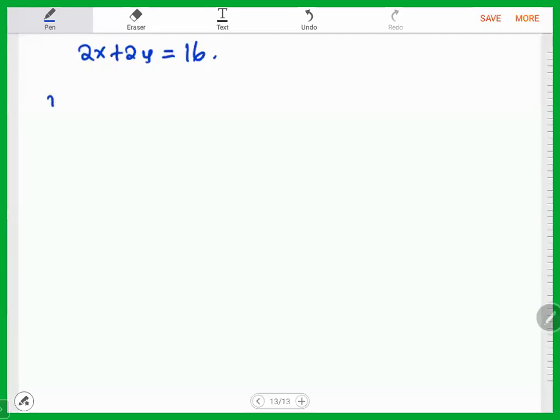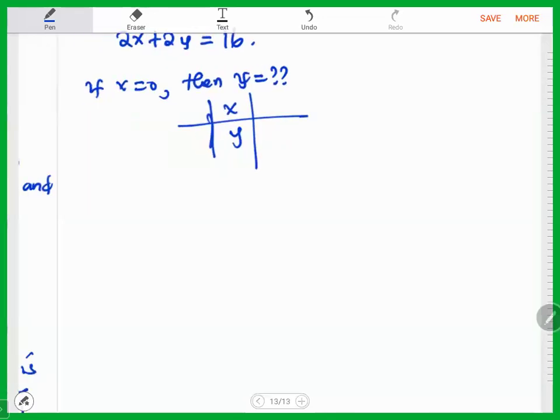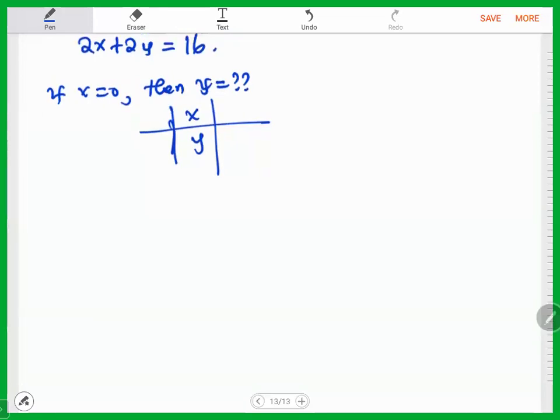If x is equal to 0, then y is equal to 16 divided by 2, and y is equal to 8. Therefore, this is a 0, this is 8.